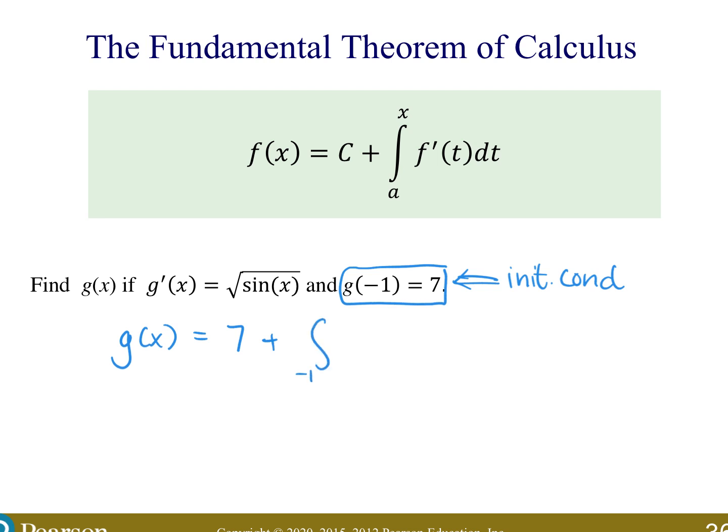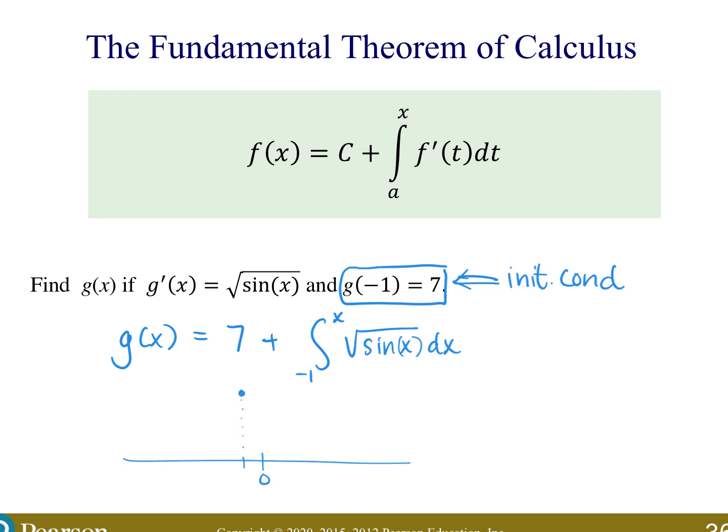And then from negative 1 to any other number, I can follow the curve of the square root of the sine of x dx. And that's how I'll find any other value after that. From there, I can go any direction I want. I can go forwards from negative 1. I can go backwards from negative 1. But the initial condition is negative 1, 7. So again, thinking about it on a graph, negative 1, 1, 2, 3, 4, 5, 6, 7.